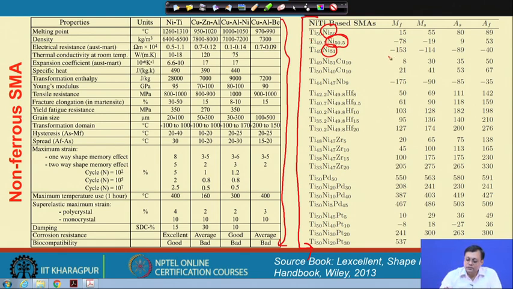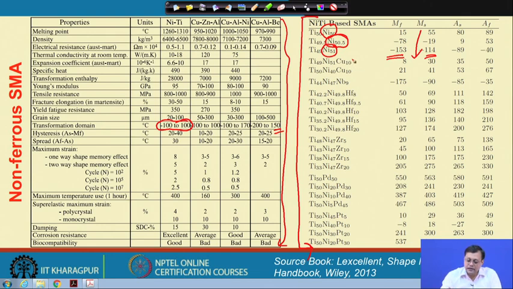In this particular case, the MF or MS temperature could be tuned from 50 to minus 114 degrees centigrade. That is why we said the transformation domain could be minus 100 to plus 100. This is quite good, but not as good as the copper-aluminum-beryllium system.